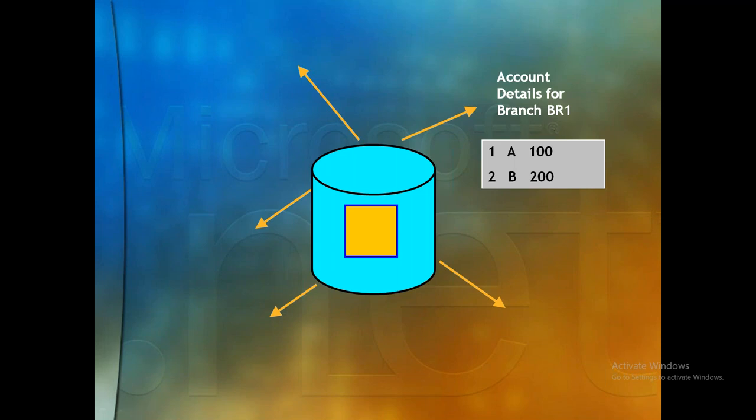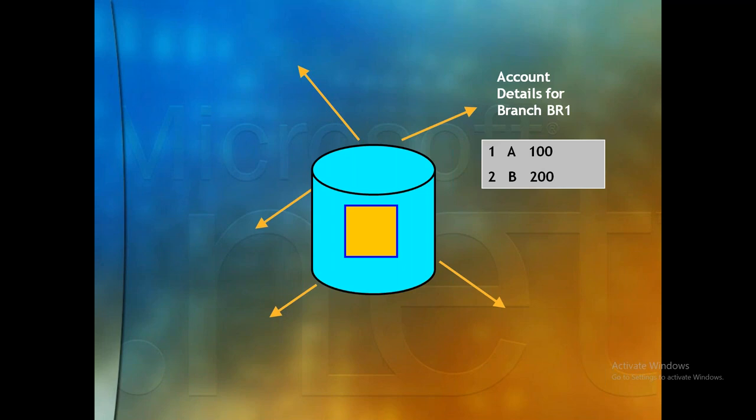You never give an entire table to a customer, right? So you have to write a query and give the query to the customer. For example, account details for branch BR1. If you're a branch BR1 manager, what is it that you want to see? As a branch BR1 manager, I want to see complete info about branch BR1.